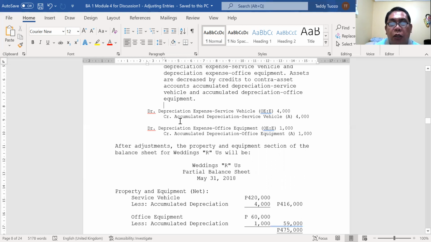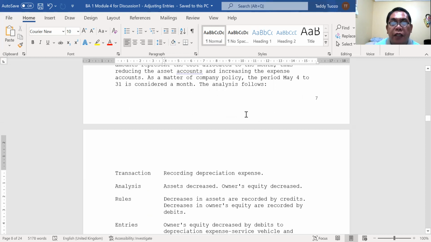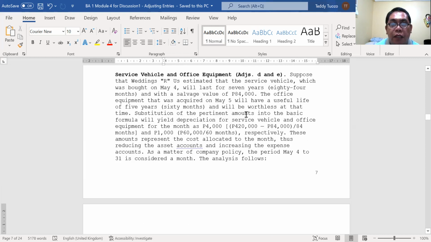The accumulated depreciation should also be specified for which asset it is for. So for the service vehicle, it is the service vehicle, and likewise for office equipment.